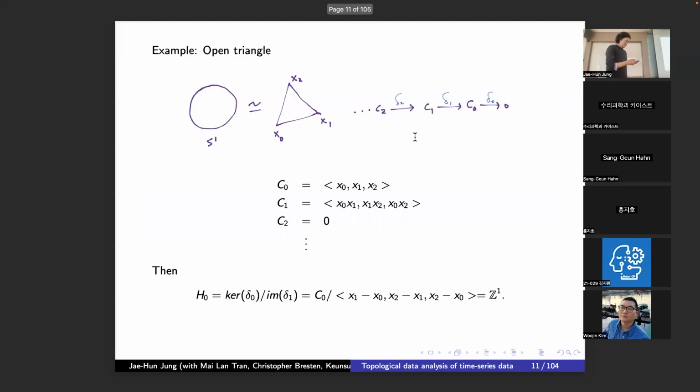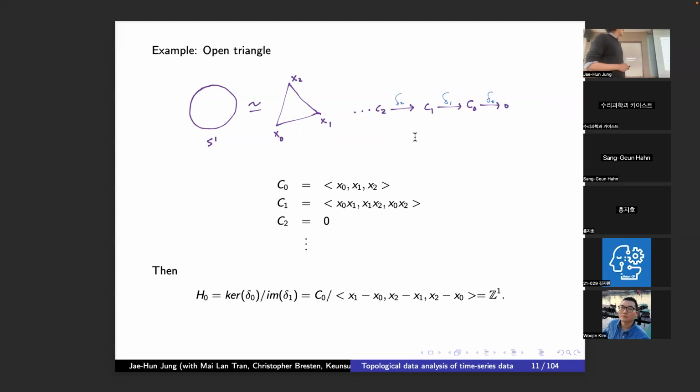Okay, so let me give you one example. The reason I'm giving this simple example is that I want to talk about the complexity. So S1 is the closed triangle x0, x1, x2. Suppose that we don't fill it, so the triangle is open. Then we have three vertices, x0, x1 and x2.